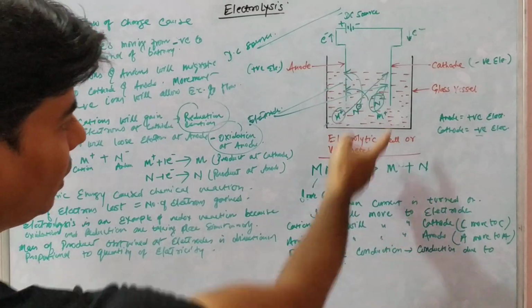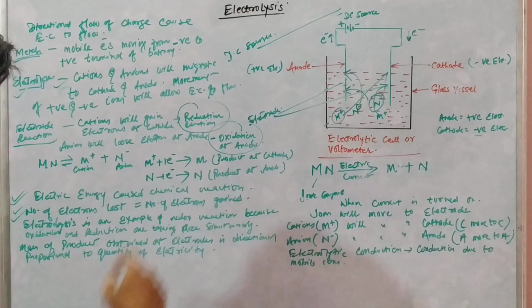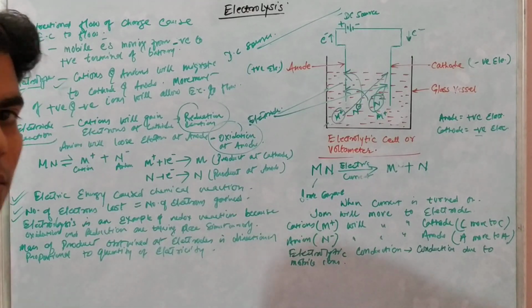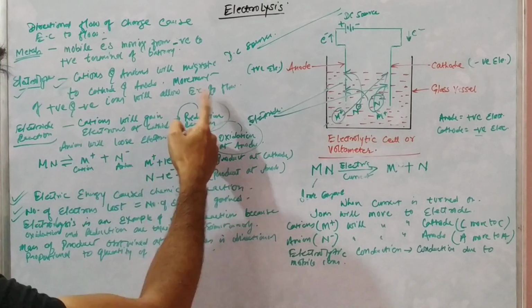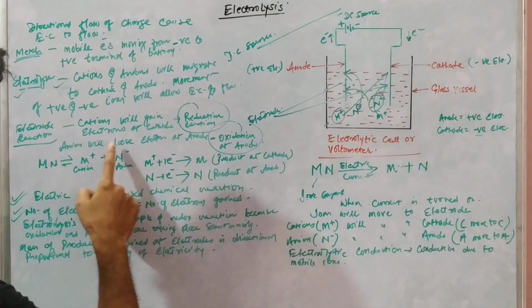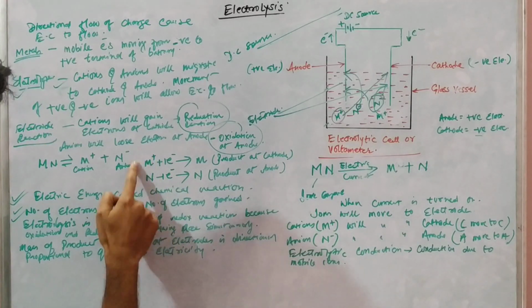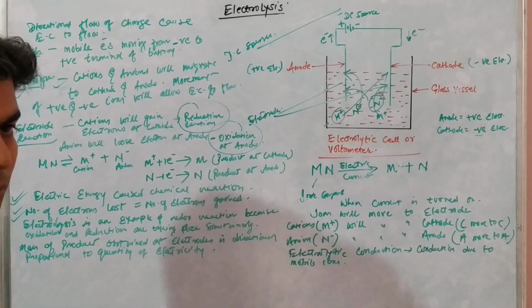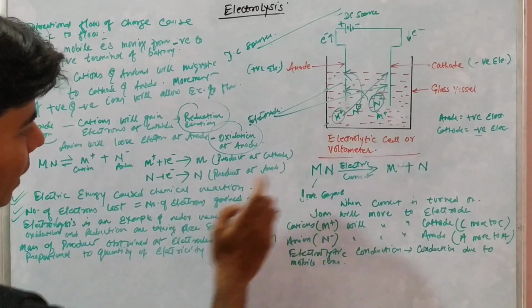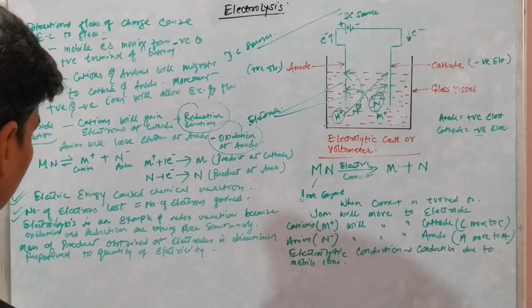At the cathode there would be gain of electrons. So cations gain electrons at the cathode, which is known as reduction. Anions lose electrons at the anode, which is known as oxidation. These are electrode reactions, and the products of electrolysis are obtained at the cathode and anode.